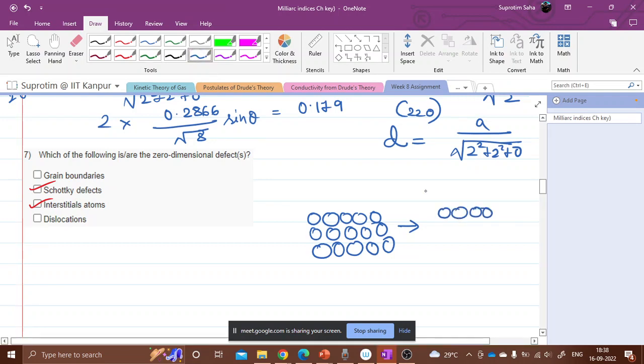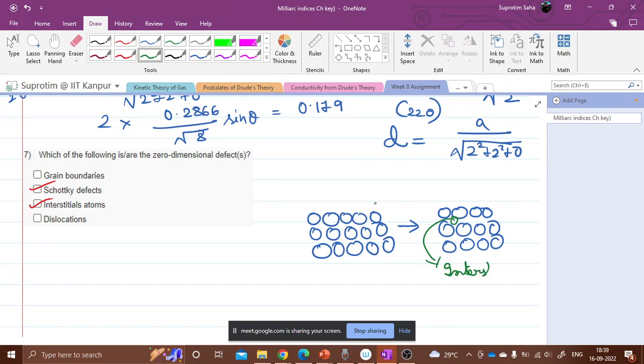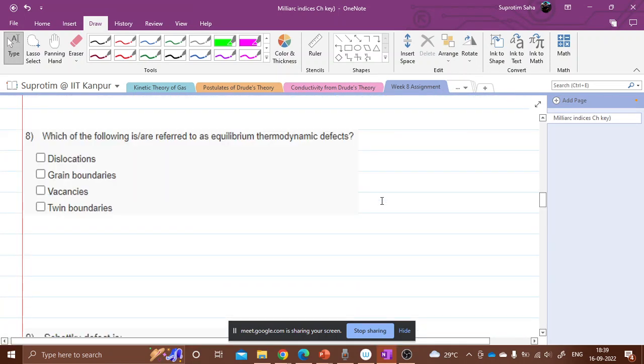So this is your interstitial atom. These are zero-dimensional defects.